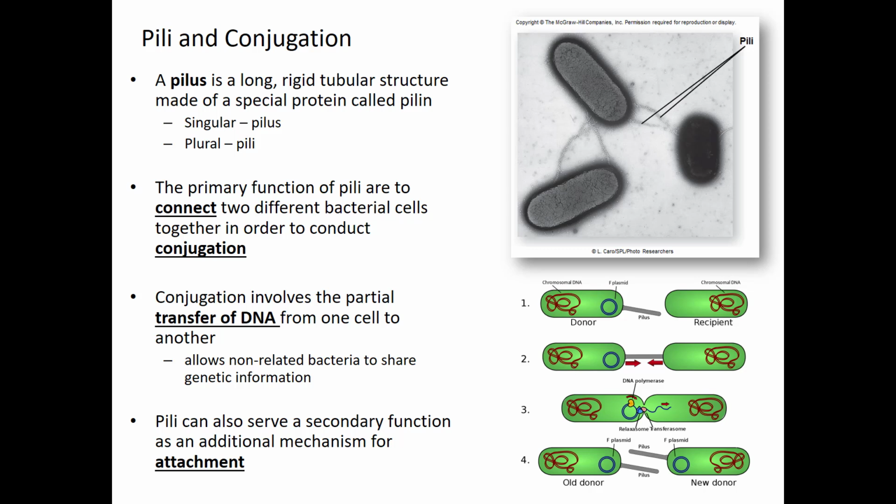What this allows bacteria to do is adapt and mutate pretty rapidly by sharing information. And that's a concept that will come up later, but for now, we'll understand that conjugation is a mechanism of transferring DNA, and it involves the pilus. That's what we want to know for now.